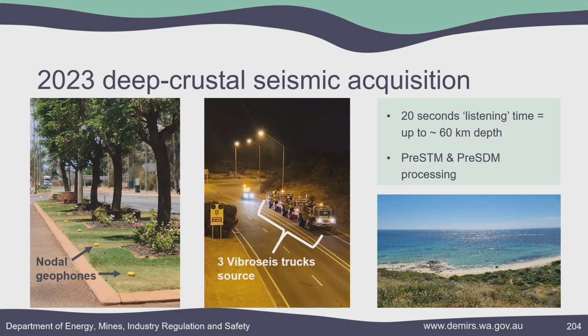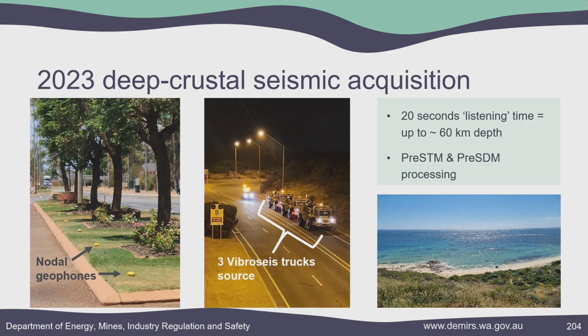For these lines, the Geological Survey contracted Hi-Seis to acquire and process 20 seconds worth of reflection data, which equates to roughly 60 kilometres depth. We acquired this seismic along existing roads, some of which have lots of traffic, so lots of acoustic noise, which we don't want.